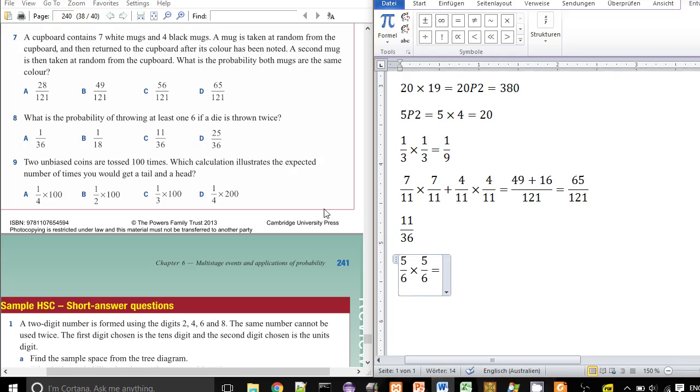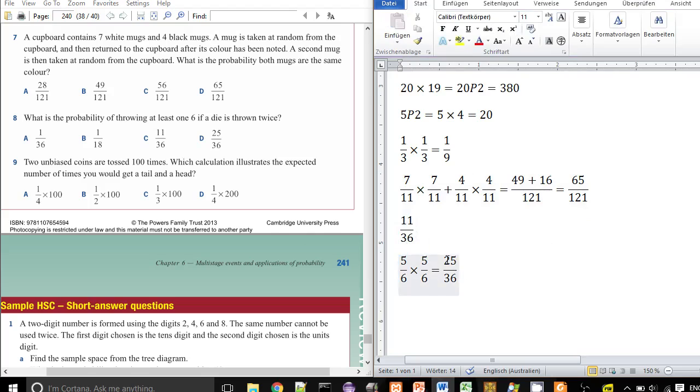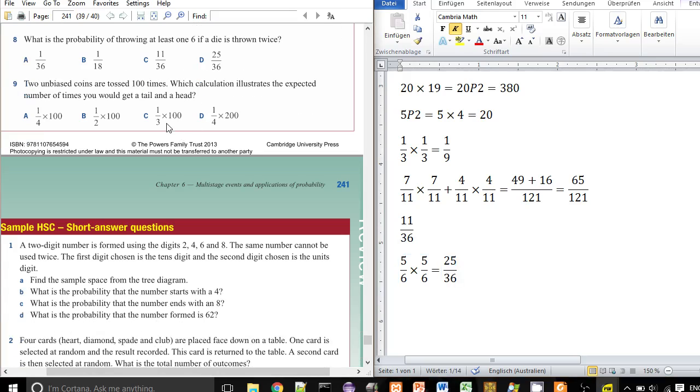So not a 6, not a 6, there's a 25 out of 36 chance that you get no 6s. So the opposite of that, if you do 36 take away 25, you get 11 out of 36. Alright? Or just 1 minus that equals that. Okay.